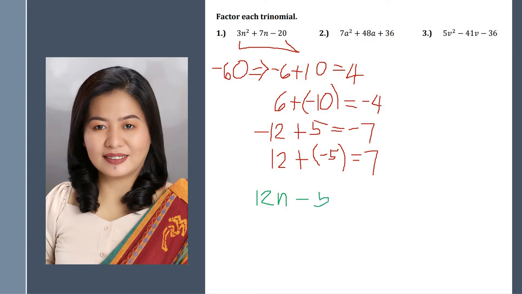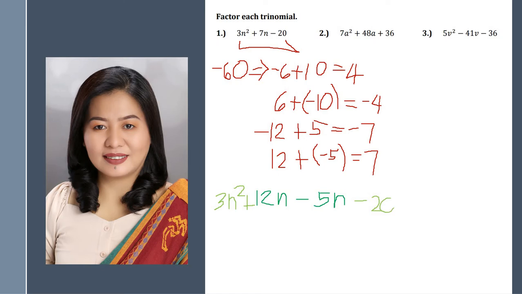So 12n and 5n will give us 7n. So we will rewrite our trinomial: 3n squared plus 12n minus 5n minus 20.